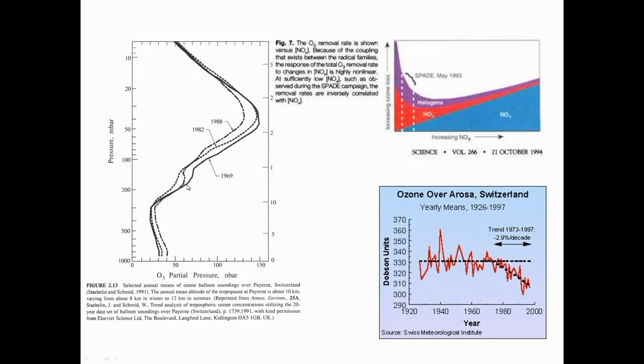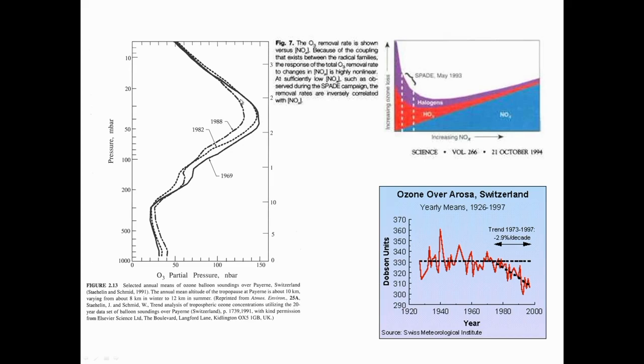So what happened then? So just a bit of a history lesson to wrap up with ozone destruction. You can see late 60s, early 80s, late 80s, we've got this continually reducing amount of ozone above Switzerland.